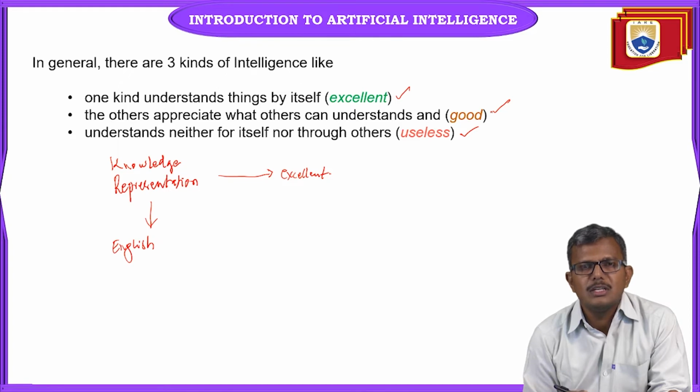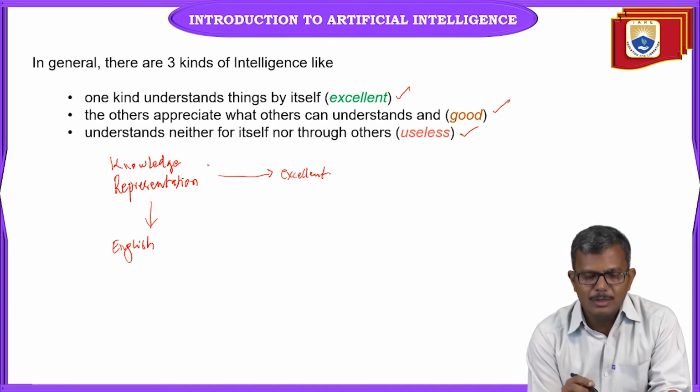And the third one is where the existing knowledge is not useful to you, or even if you do the modifications, it will not be helpful to solve the problems. I'm repeating the statement once again. One case is that whenever you use the existing knowledge, it will not be suitable for your problem solving.